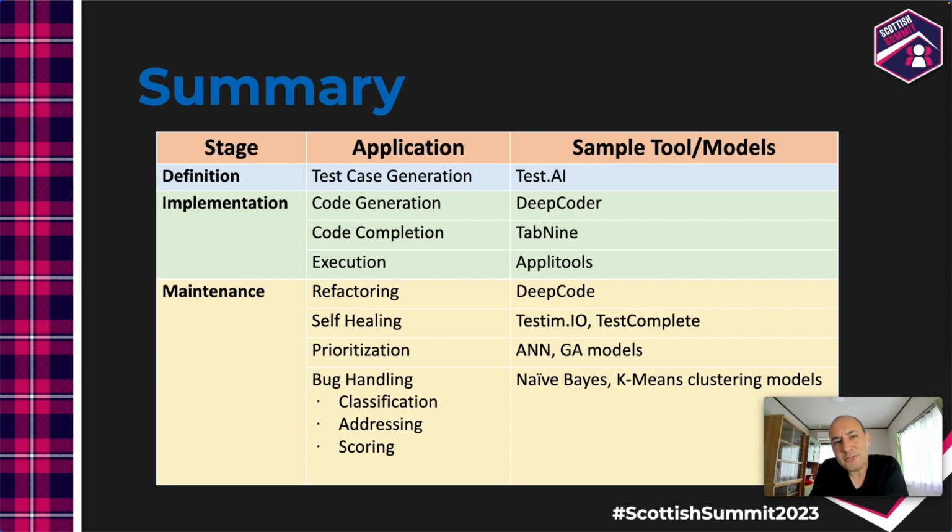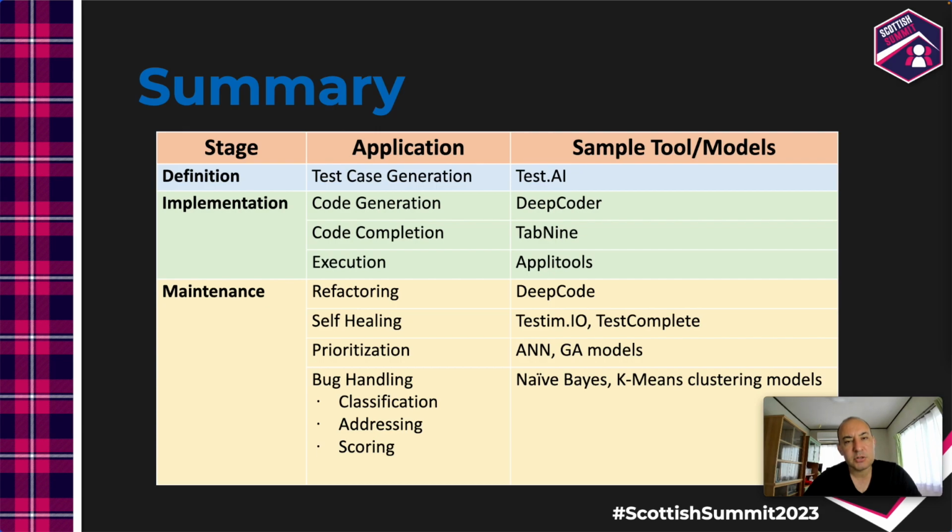So we discussed several stages inside the software testing lifecycle, where we can utilize machine learning algorithms in lots of different ways. We started from generating some test cases, and of course there are lots of different commercial tools or open repositories that we can use.